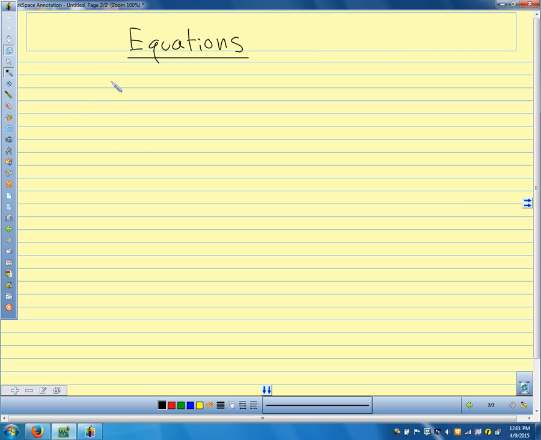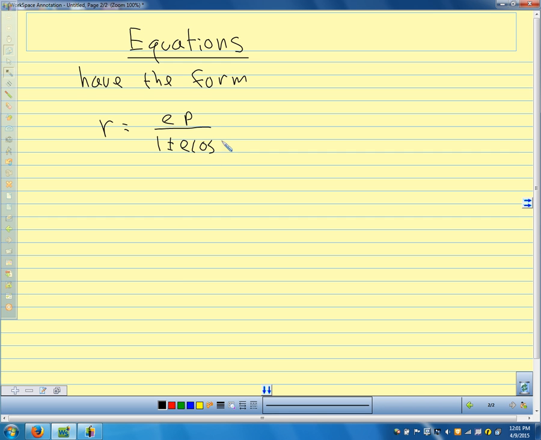Our equations are going to have the form r equals ep over 1 plus or minus e cosine theta, or r equals ep over 1 plus or minus e sine theta. And what's going to change what type of conic this gives us is e. So we just have these two equations that we have to work with.